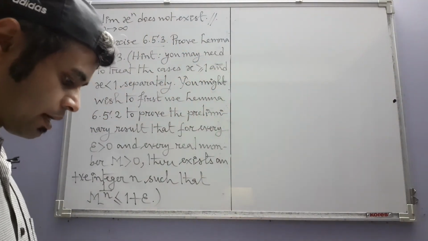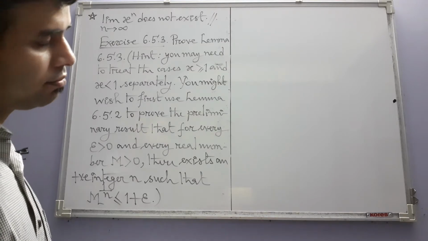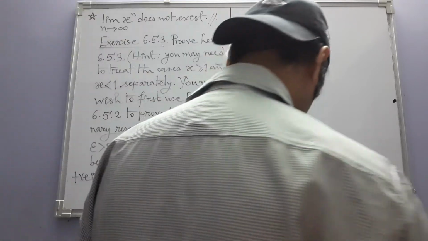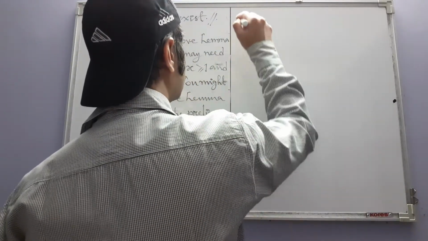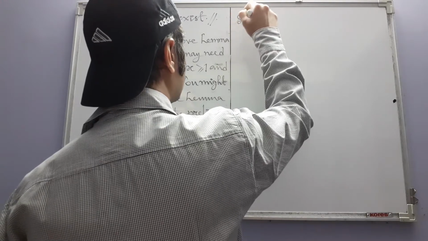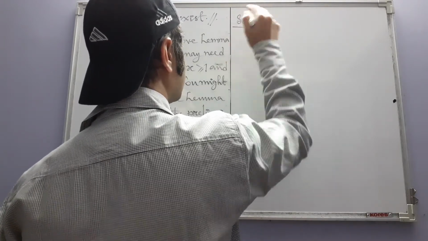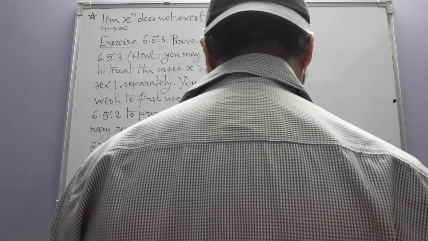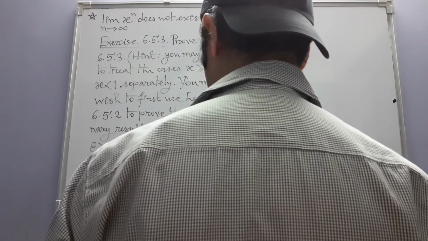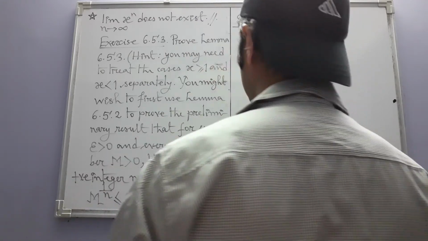Okay, so let us start the solution. We start the solution by choosing positive real numbers epsilon and m. So that means we are following the hint.